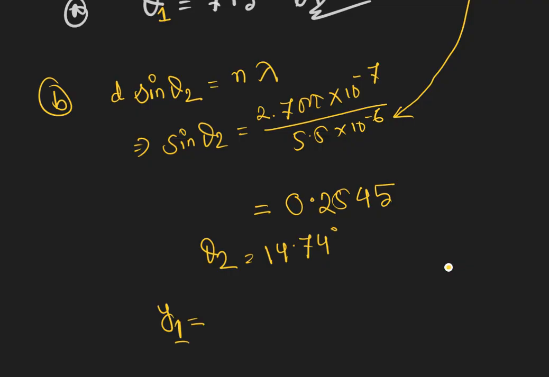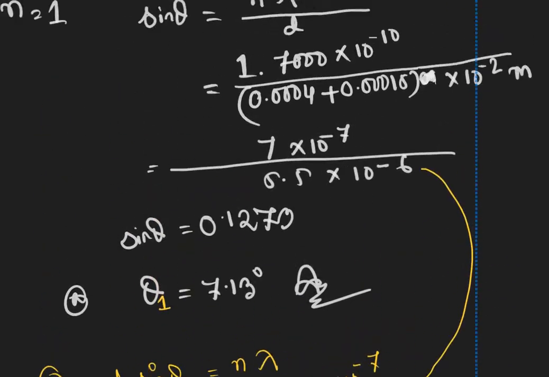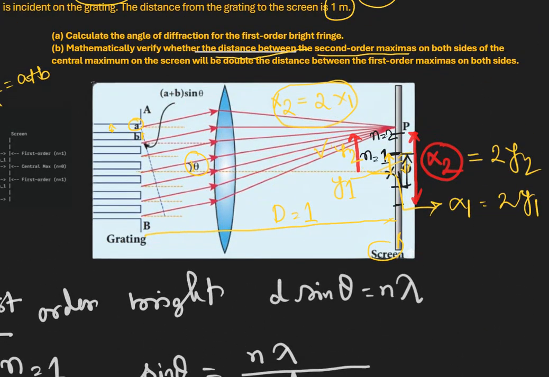y1 is equal to d tan theta 1. This is actually the central maxima to the first order. Let's use the black pen here to understand more precisely.